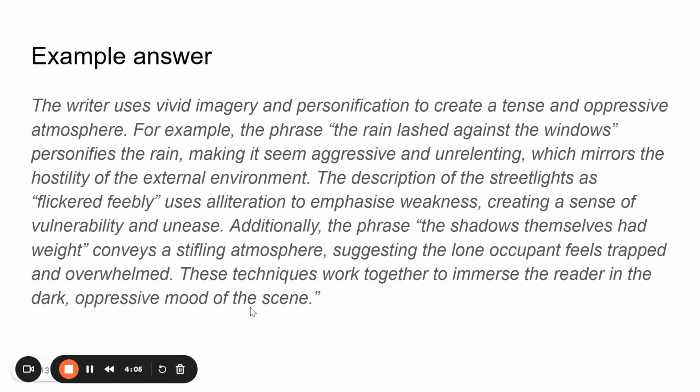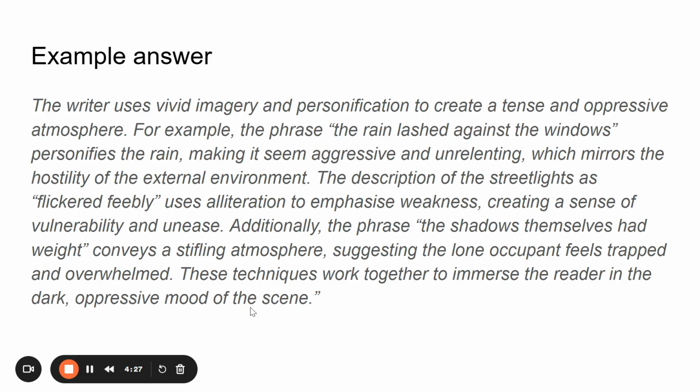Now here's an example answer. The writer uses vivid imagery and personification to create a tense and oppressive atmosphere. For example, the phrase, the rain lashed against the windows, personifies the rain, making it seem aggressive and unrelenting, which mirrors the hostility of the external environment.